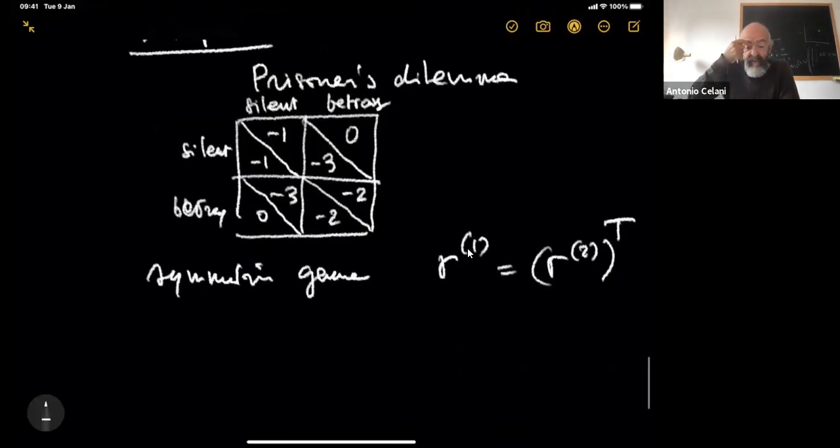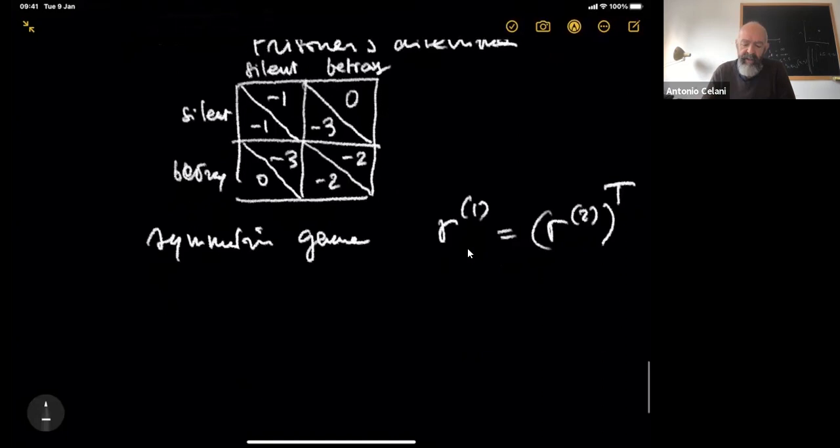Fine. So how do we formalize this kind of problem? Well, it's very simple, because we know basically how to write our objective functions, our goals.